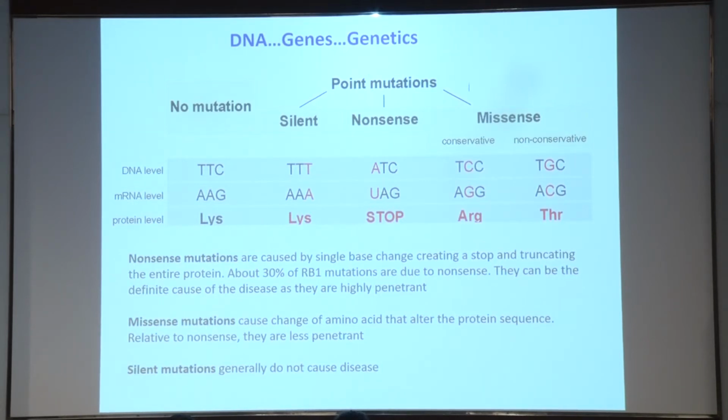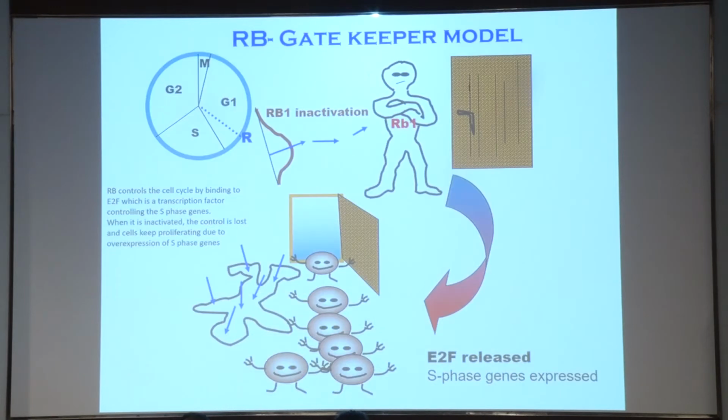The nonsense has a higher penetrance, whereas the missense has a lower penetrance. These are also important for us to understand the genetic inheritance pattern. The silent mutations do not cause any problem. So when you screen the gene, you'll have a lot of mutations, but all of them are not very relevant.